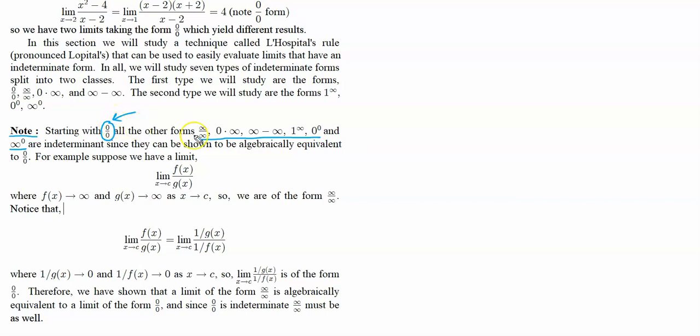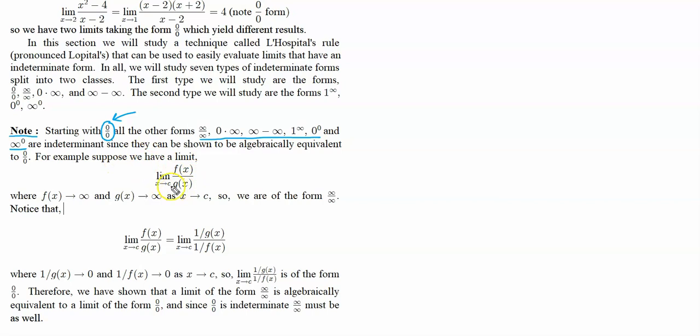In other words, all these forms are actually equivalent to 0 over 0. So that's why all of these are indeterminate, because 0 over 0 is indeterminate, and you can show that if you have a limit like infinity over infinity, you can rewrite it so it takes on the form 0 over 0, and since 0 over 0 is indeterminate, so is infinity over infinity. For example, to see why, consider this.